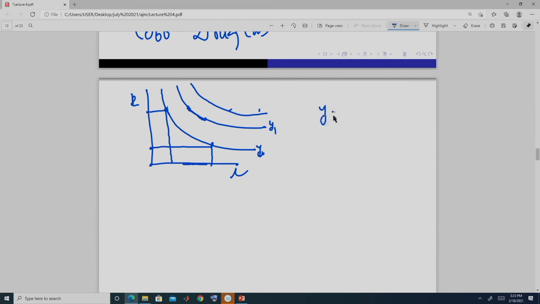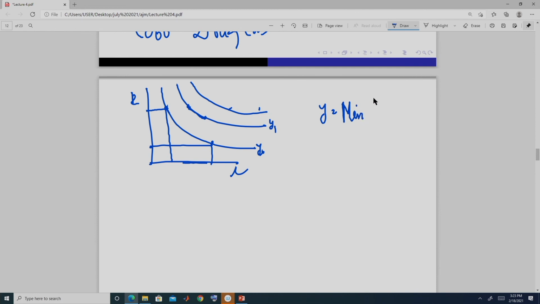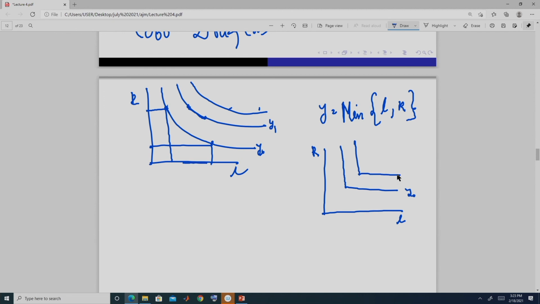But suppose our production function is this. Now, if we plot L here and K here, it will look like this. This kind of production function is generally called fixed proportion.